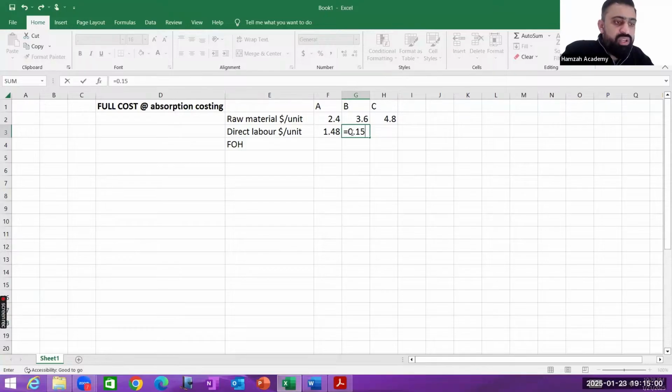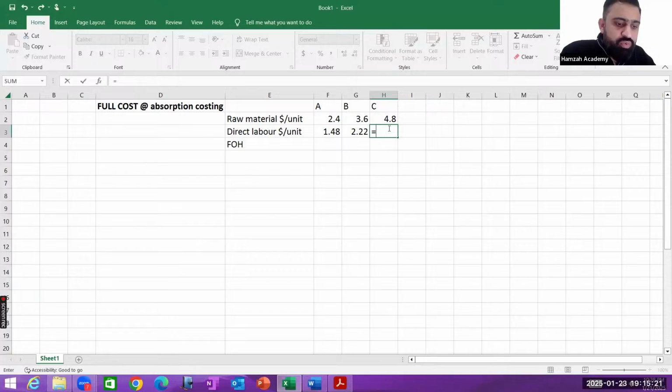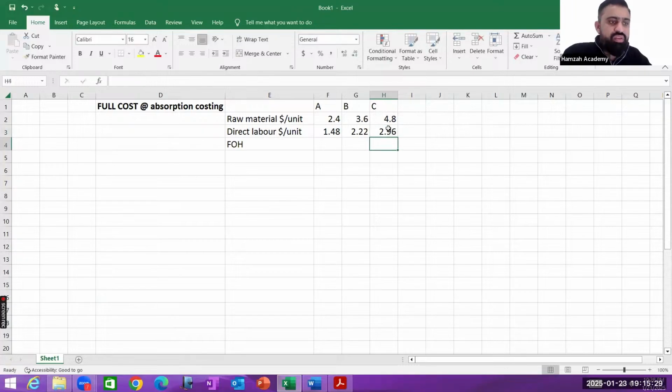Then for B, we need 0.15 hours per product, and the rate of the labor is 14.8 per hour. That will be $2.2 per unit. And for product C, we require 0.2 into 14.8.